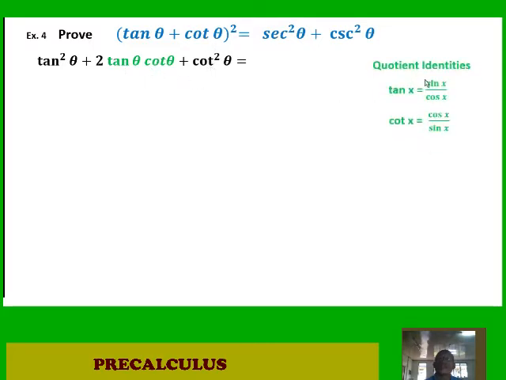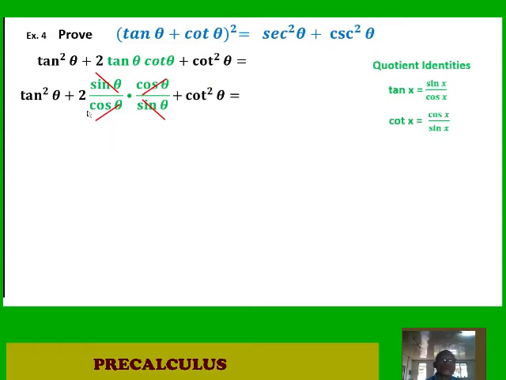From the quotient identities, tangent x equals sine over cosine, cotangent is cosine over sine. So we may substitute tangent theta and cotangent theta with sine theta over cosine theta, cancelling out. So what is left is only 2.